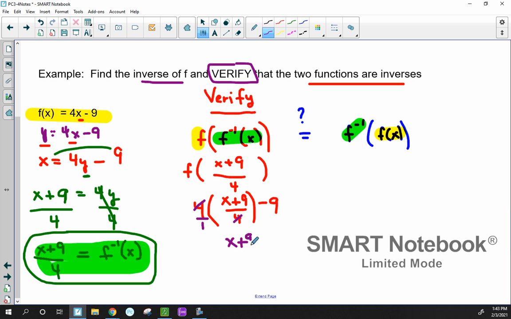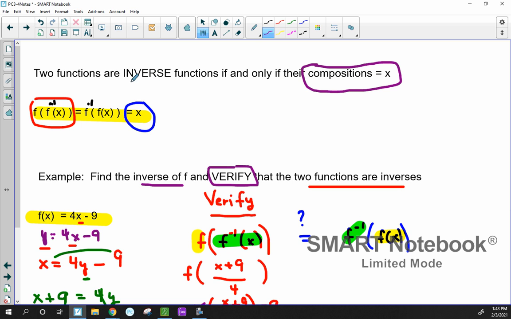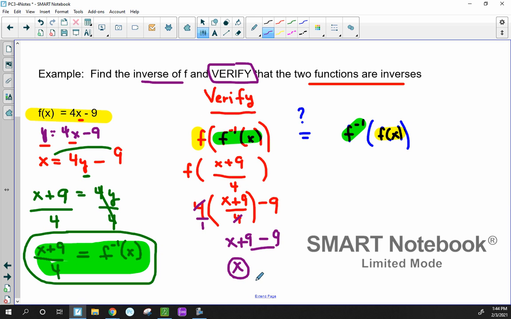Technically that's all being divided by 1, but dividing by 1 doesn't change anything, so I'm going to leave the divide out. Drop my minus 9 down. Then I have x plus 9 minus 9. 9 minus 9 is 0. So now I'm left with just x. That's a good sign because, according to the definition of inverses in verification, this should be the case. Okay, so I got an x.